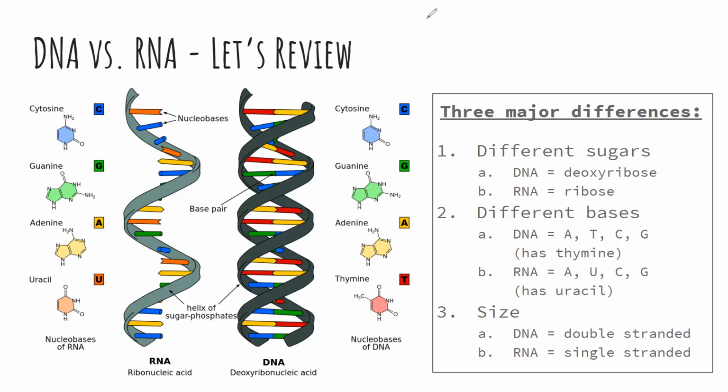They differ in the kinds of nitrogen bases they have. DNA has adenine, guanine, cytosine, and thymine. So DNA has A's, T's, C's, and G's, whereas RNA has adenine, cytosine, guanine, and uracil. RNA has A's, U's, C's, and G's.